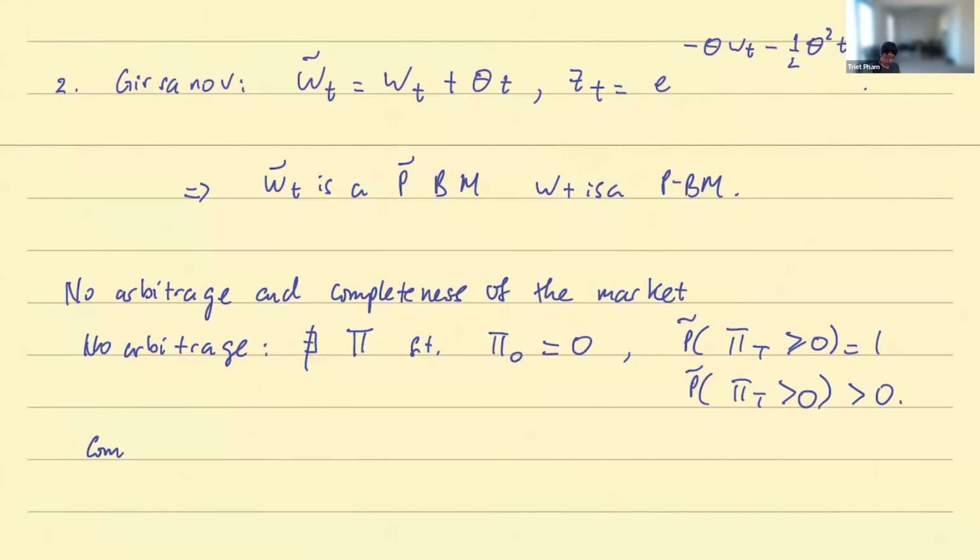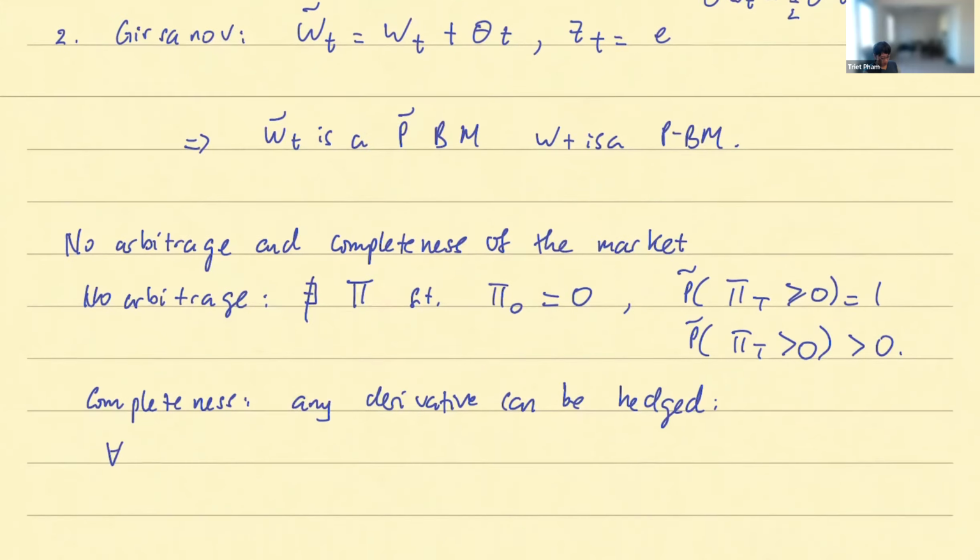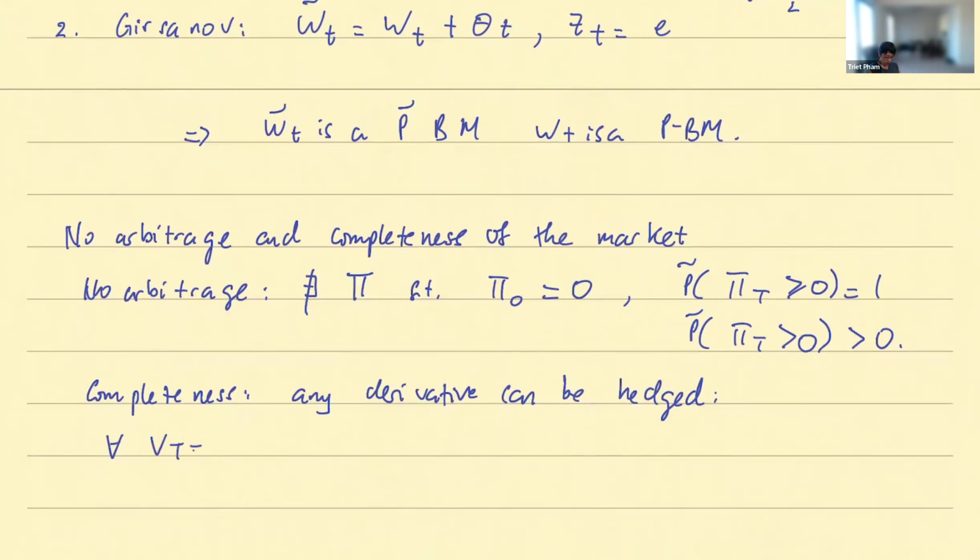Completeness means that any derivative can be hedged. Well, what does it mean mathematically? What it means is for all, I think, so I'm going to state it only for European options, because the hedging looks different for American options and exotic options.